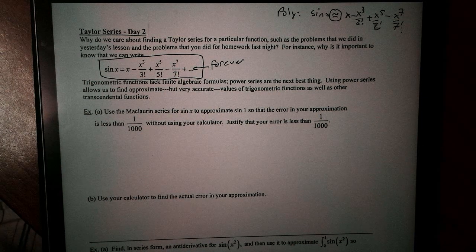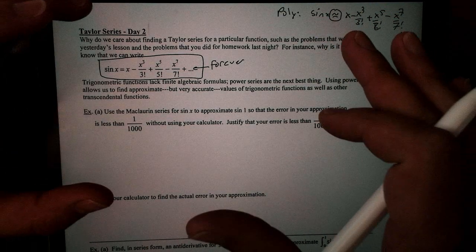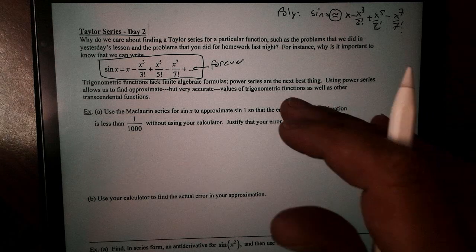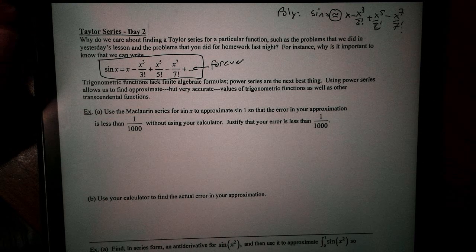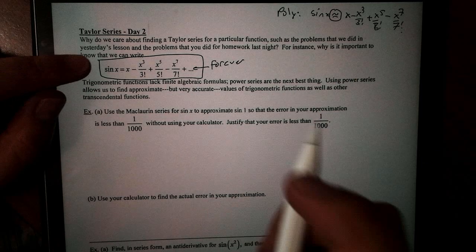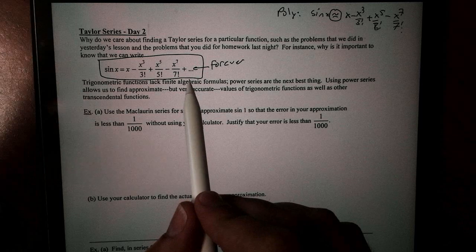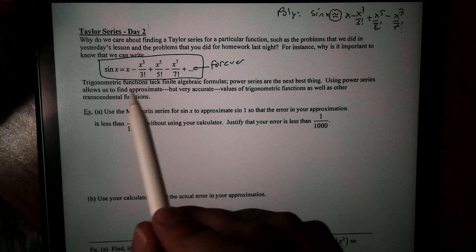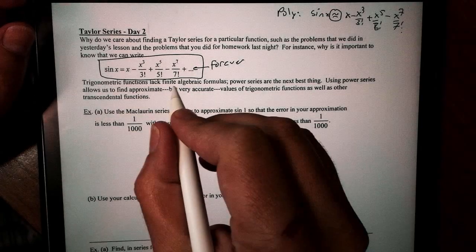So today's lesson is why we care about a Taylor series. For instance, why is it important that we can write sine of x as a polynomial? Well, the main reason is trigonometric functions lack finite algebraic formulas.